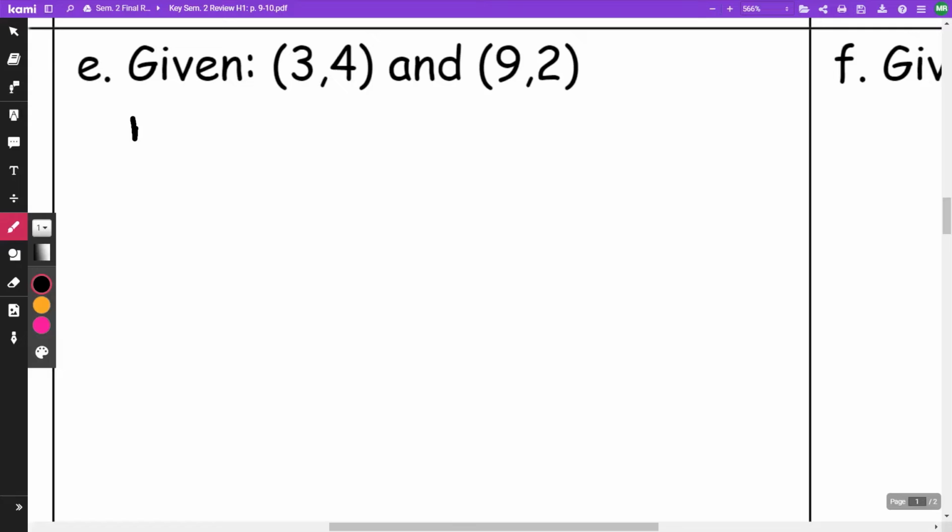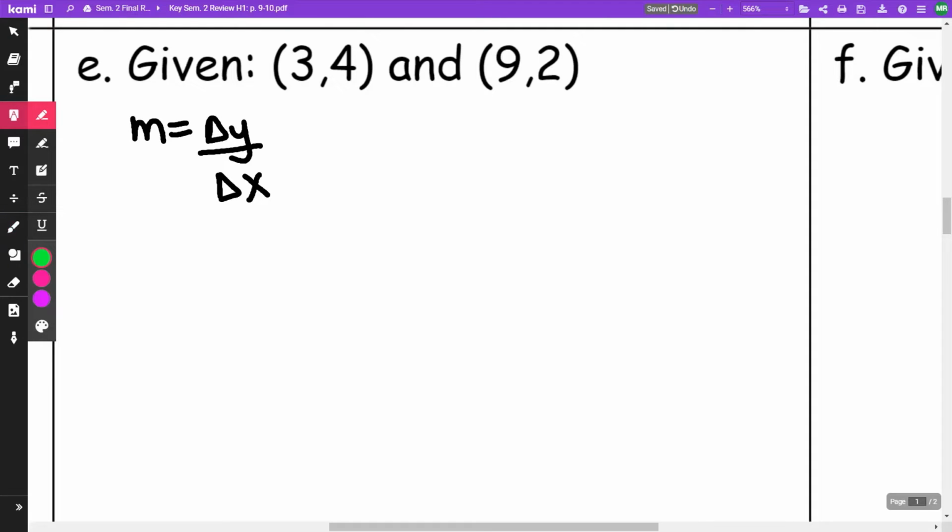So the equation of slope is change of y over change of x. Now my change of y is going to be the 4 and the 2 are my y, so I'm going to be subtracting those. And my change of x are going to be subtracting the x coordinates, the 3 and the 9. Now order does matter.